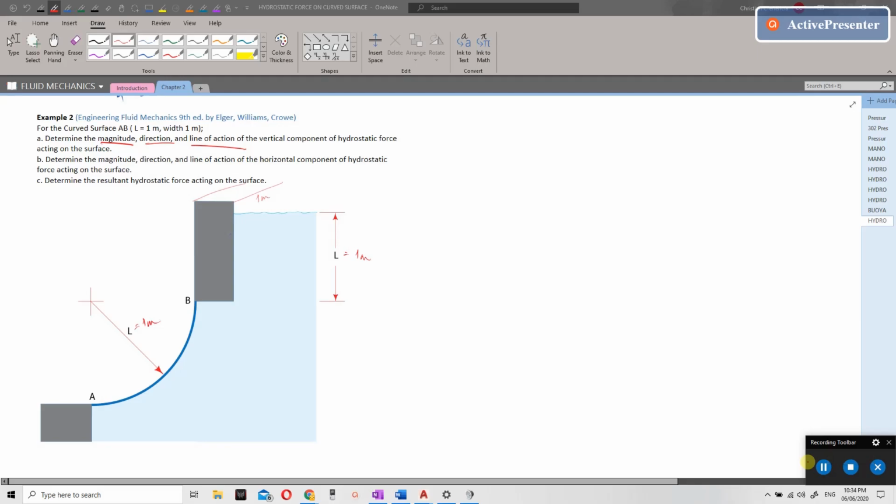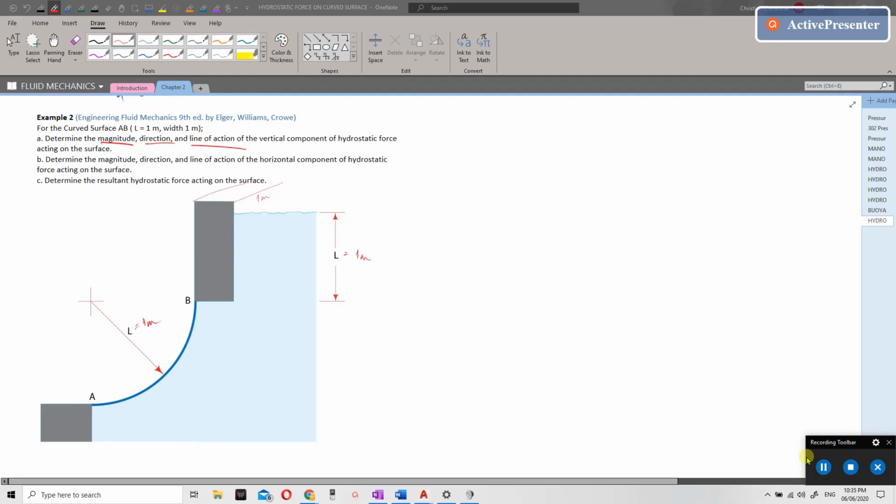So in our previous example and the discussion in the last video, we said that the vertical component of the hydrostatic force is equal to the weight of the liquid directly above the gate.